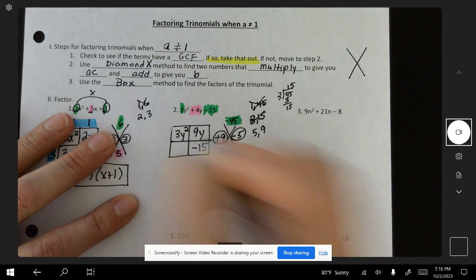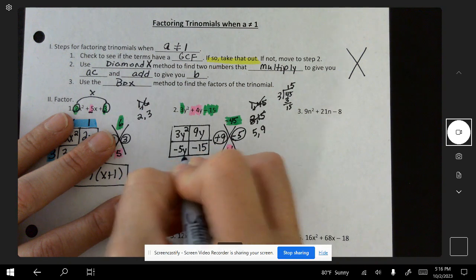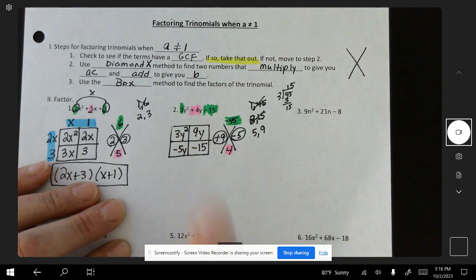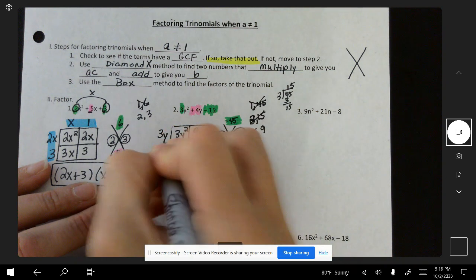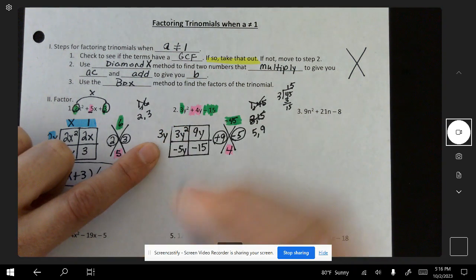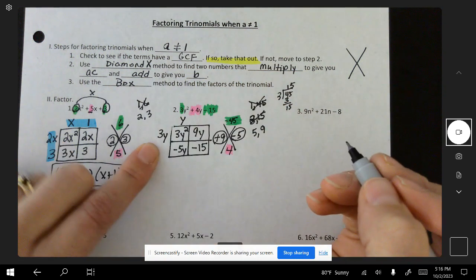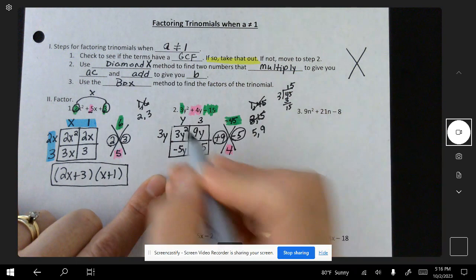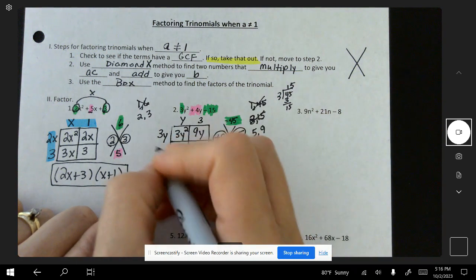So 9y and negative 5y. Right? What's the greatest common factor across the top? That's 3y. 3y times what is 3y squared? That's y. 3y times what is 9y? That's 3. Y times what is negative 5y?